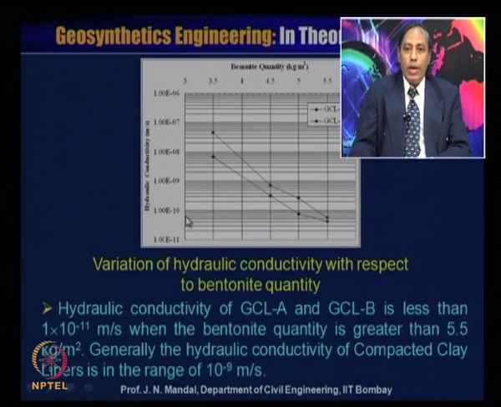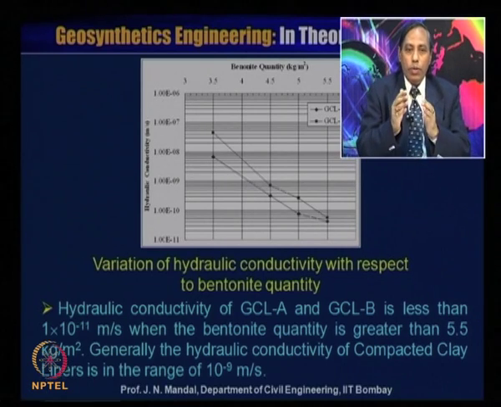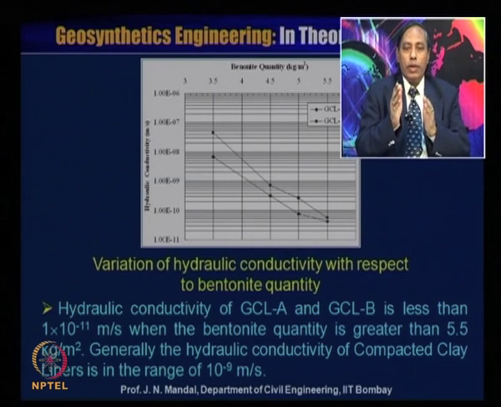When the bentonite quantity is greater than 5.5 kg per meter square, generally the hydraulic conductivity of compacted clay liner is in the range of 10 to the power minus 9 meter per second. So, what we wanted to conclude here is that when you use this compacted clay liner, the hydraulic conductivity may be 10 to the power minus 9 meter per second.